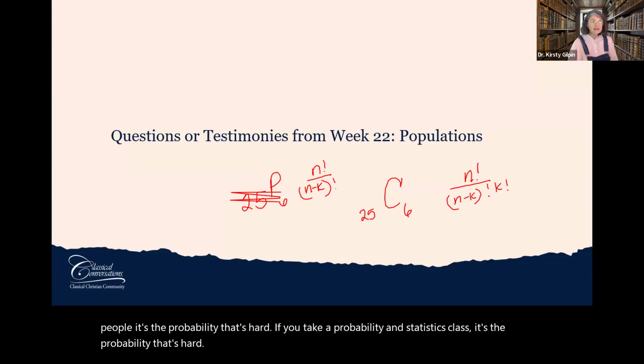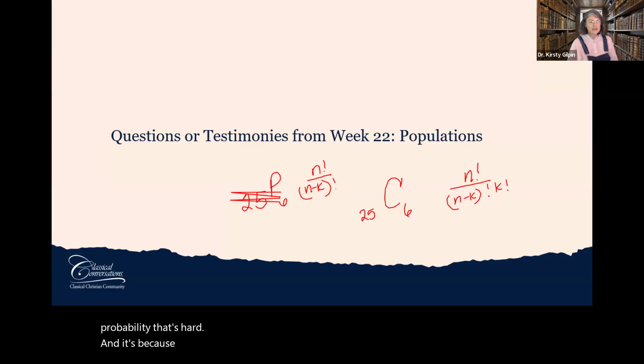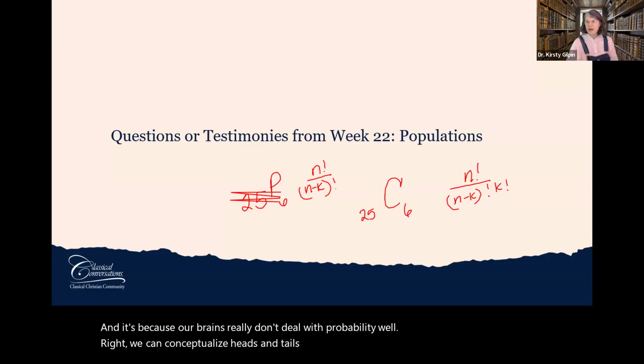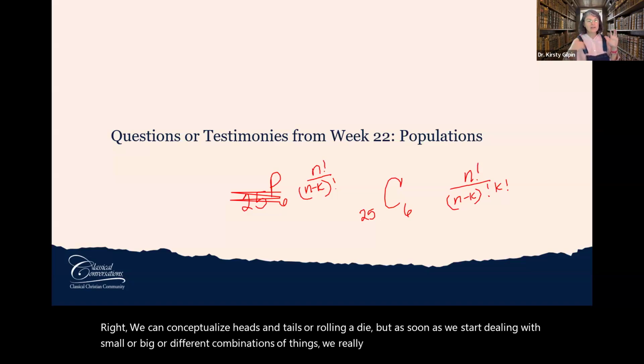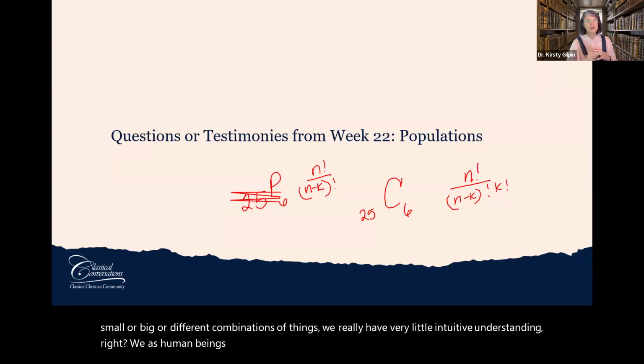And it's because our brains really don't deal with probability well, right? We can conceptualize heads and tails or rolling a die. But as soon as we start dealing with small or big or different combinations of things, we as human beings have very little intuitive understanding of probability, right?